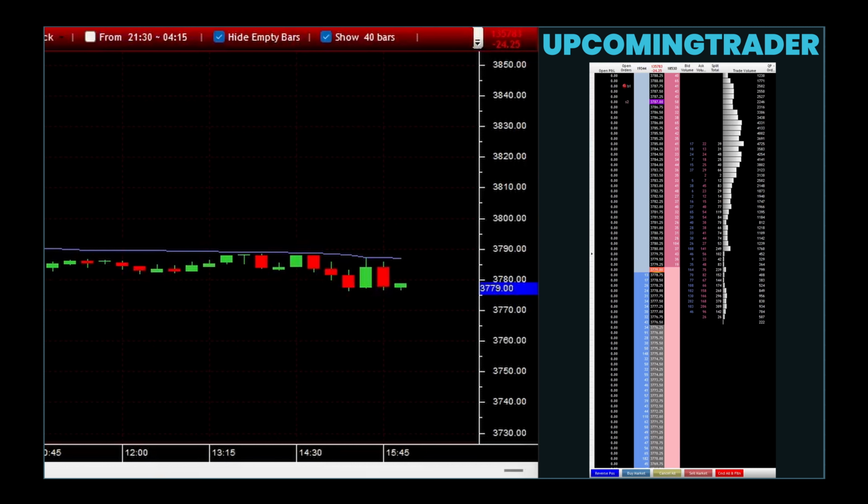The shooting star at the top is recognized as a bearish reversal pattern that typically emerges following an uptrend in the market. This pattern is marked by a small body at the lower end of the trading range, with a long upper shadow and little to no lower shadow. Essentially, this shape resembles a shooting star falling from the sky, hence the name.